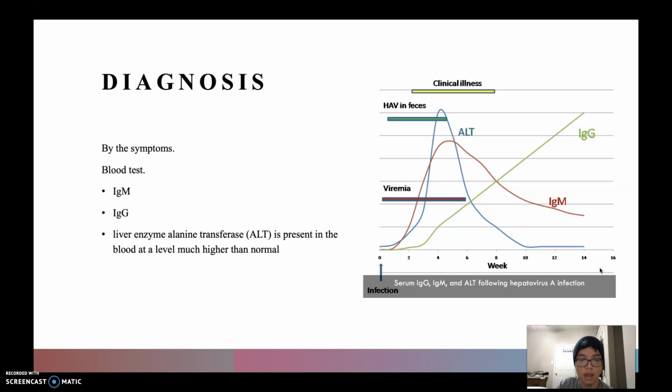Next one is ALT. Well, it's not an antibody, but during the acute stage of hepatitis A, ALT, or the liver enzyme alanine transferase, is present in the blood at a level much higher than normal.